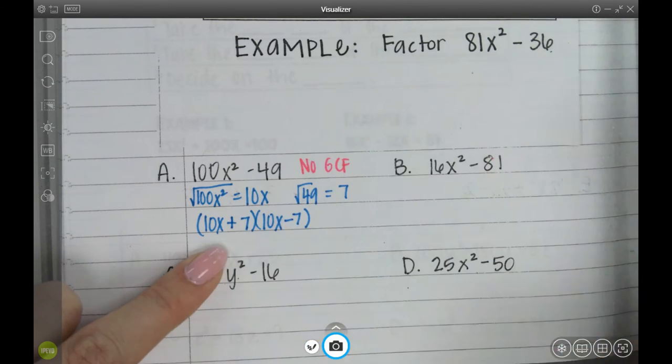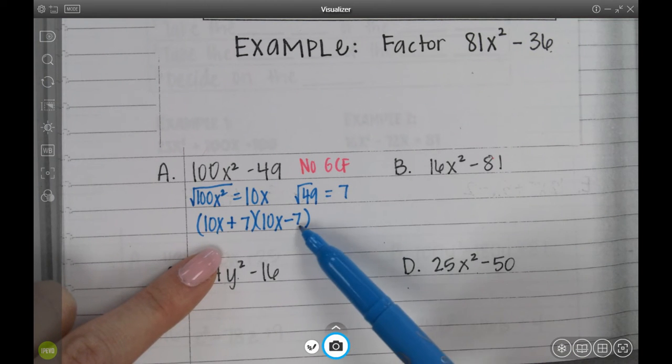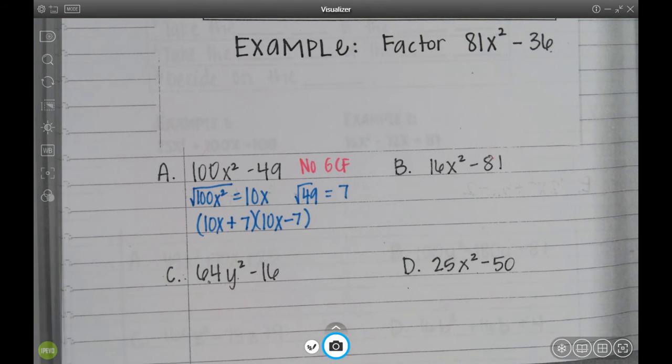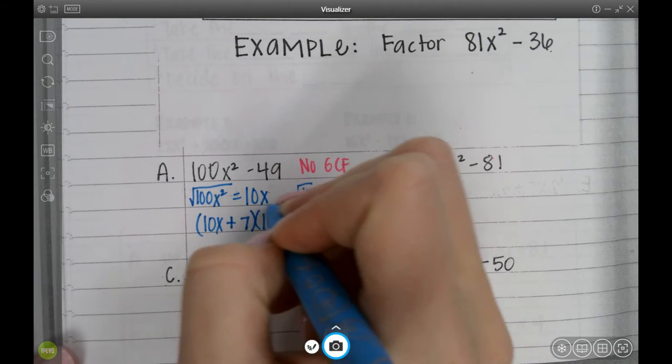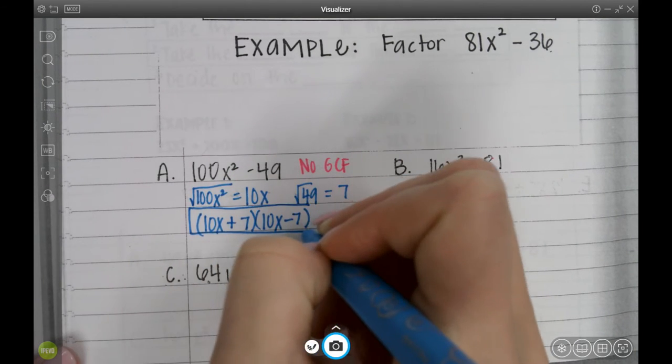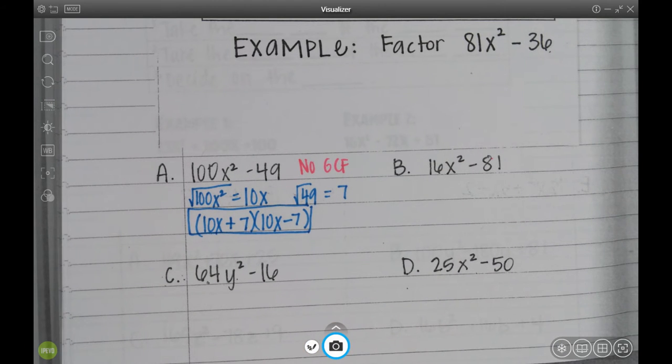And I recommend always putting the negative on the second one. I'll explain why, but that's just my recommendation. Okay, that's my factored answer. That's all there is to it. And I'll show you why it works.